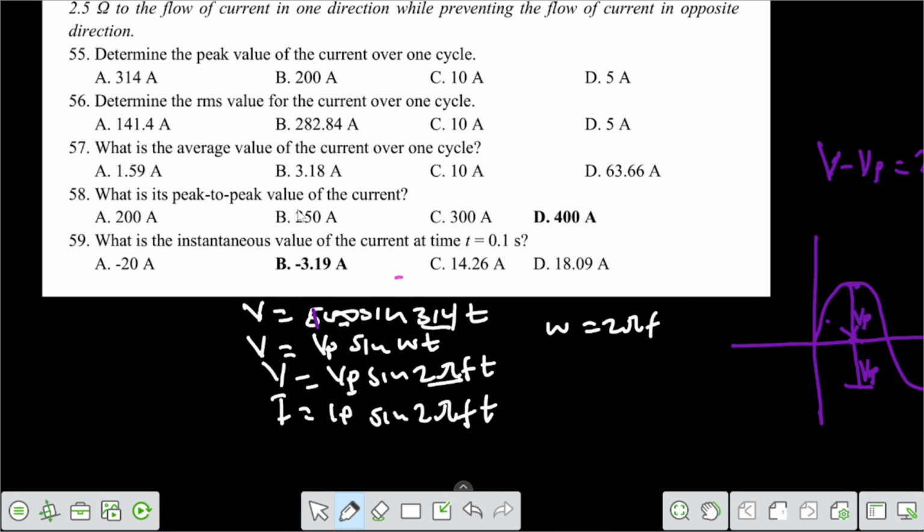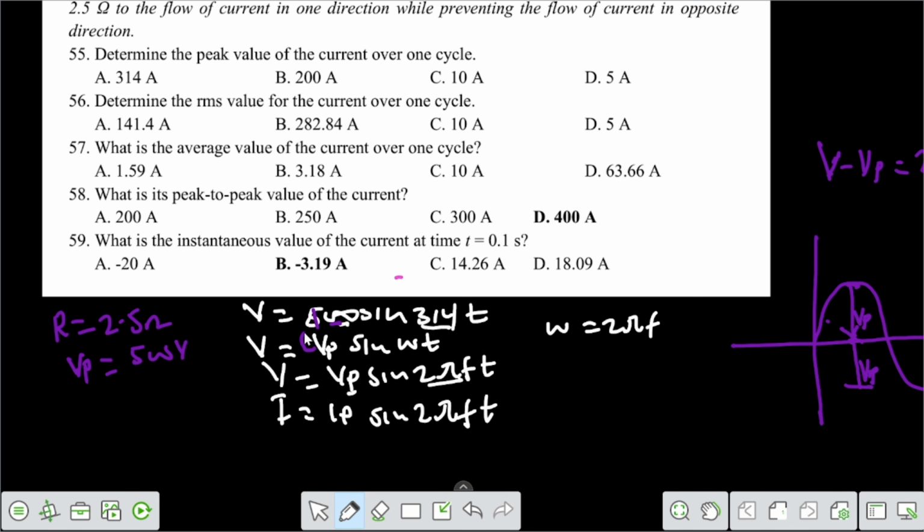Okay. So the question says determine the peak value of the current over one cycle. But the question that was given to us was in terms of voltage, right? So if you want to find the current, we first find the voltage, and then we have our resistance. The resistance value was 2.5 ohms, and the peak voltage was 500 volts.